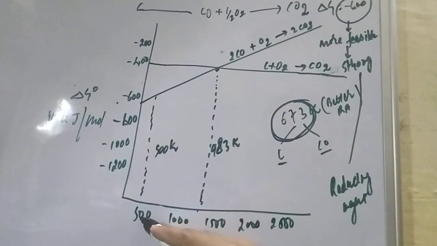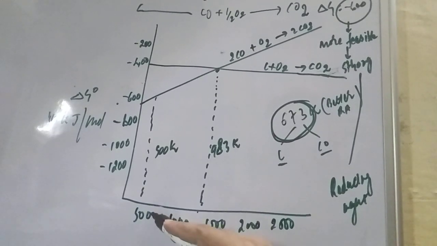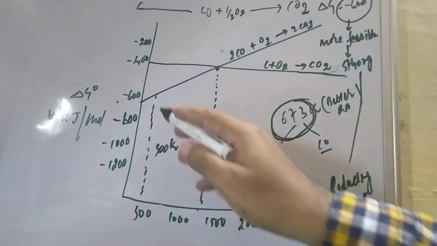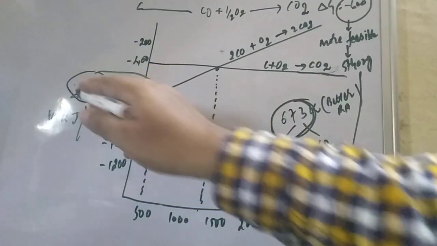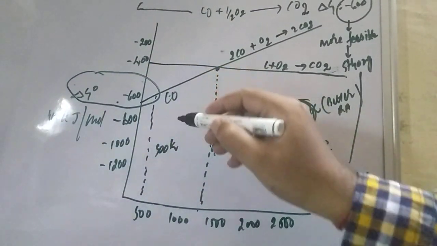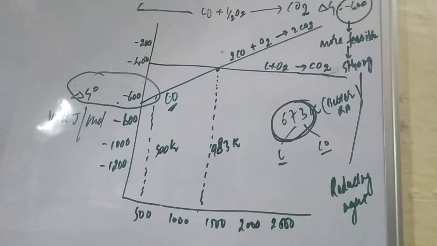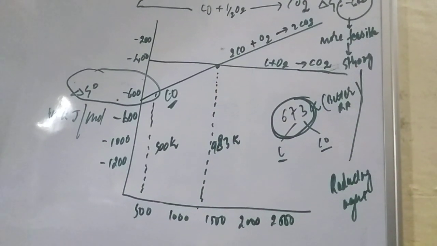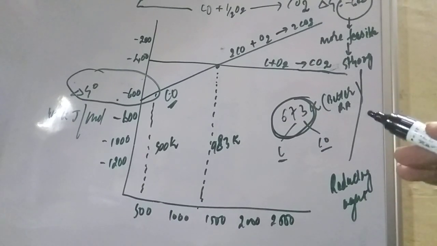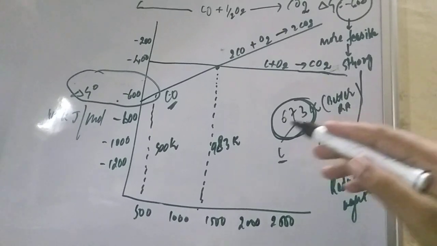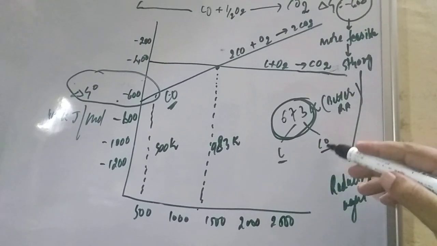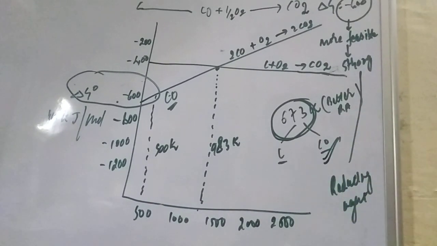At lower temperature, this is 500 or above 500, the more negative value of delta G is 600, and this is for CO. A more negative value means a more spontaneous process. So which one is the better reducing agent, student? CO is a better reducing agent at 673 Kelvin than carbon. So the correct option will be CO.